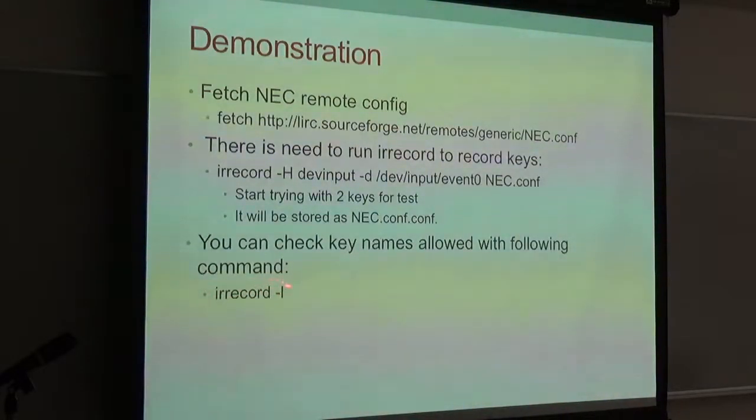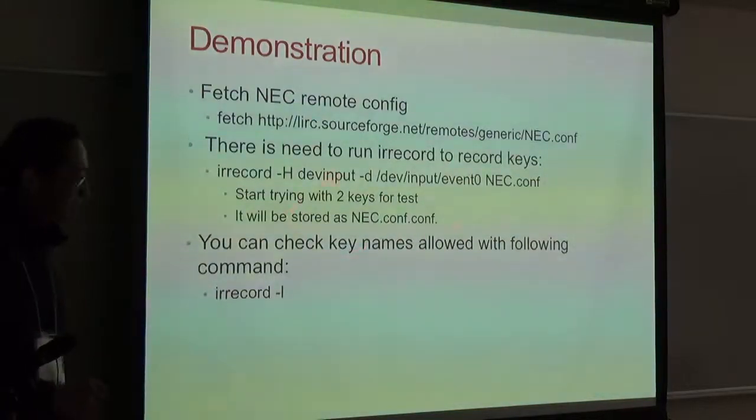First you see what key names are allowed, then you have to use those key names to learn things with irrecord. First it asks for the key name. You type something like KEY_1, and then it asks you to press that key. So you press it, and it follows like that. Yeah, kind of a learning one.